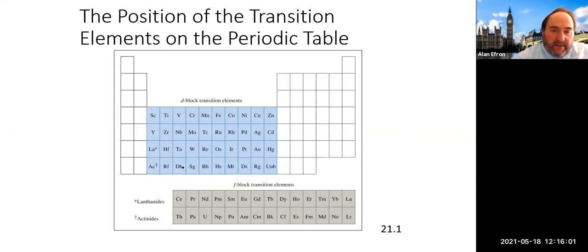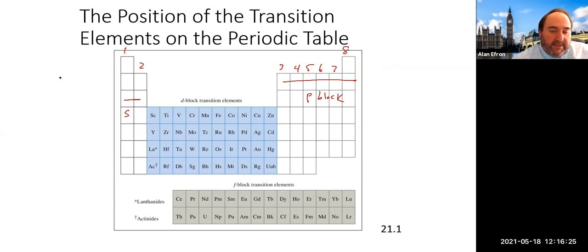Also, if you remember a couple of things about our transition metals, first off, they are the D block in terms of electron configuration. By the way, over here is the S block, right? And from here to here is the P block on the periodic table. That is group 1, that is group 2, 3, 4, 5, 6, 7, 8.